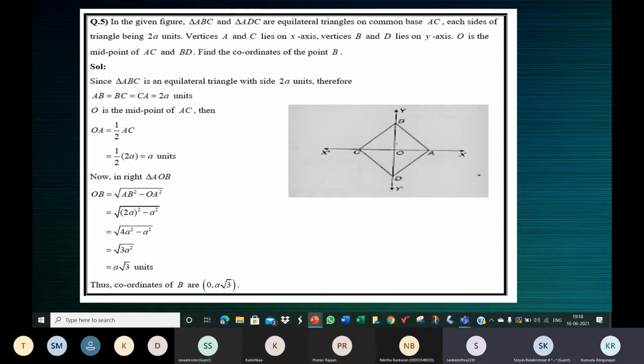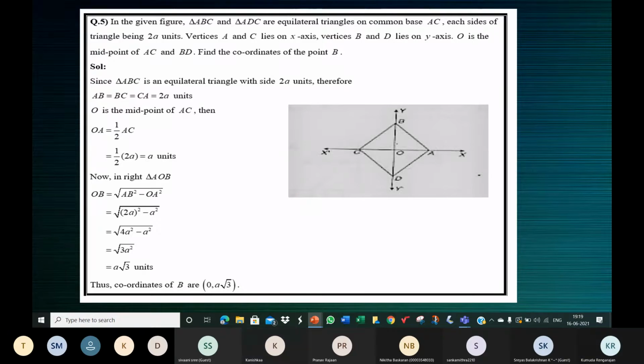Ma'am, root 3a, comma 0. No, 0, minus root 3a. Sangamitra, tell me. 0, minus root 3a. Okay. How many of you agree with her? Anushka, agree?